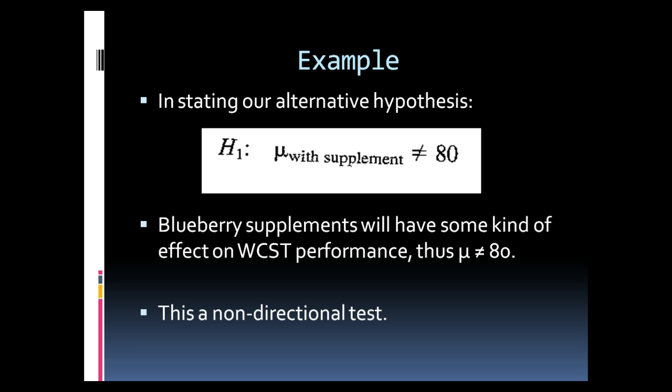But you usually have to go by your literature. Your literature will say, okay, there's evidence to suggest that the blueberry supplement will be associated with improved performance on the Wisconsin card sorting test. But without the evidence from the literature, it's hard to make that argument that it is a directional test, other than just, well, that's my gut instinct, which does not suffice.